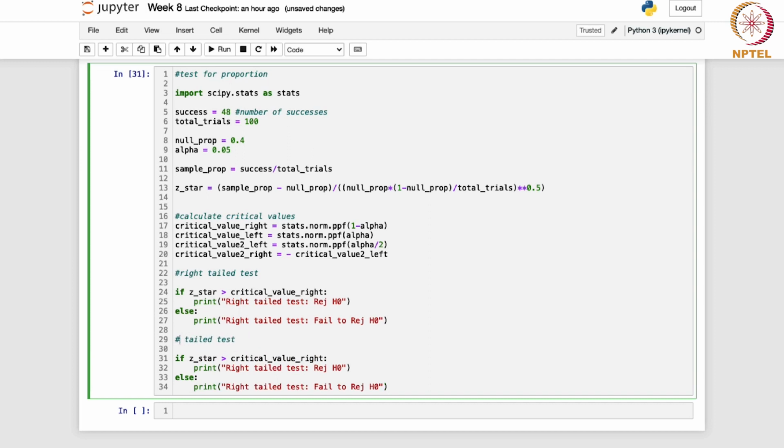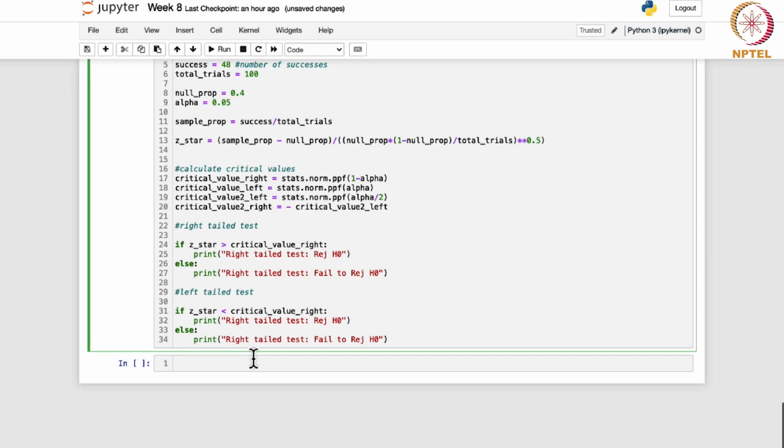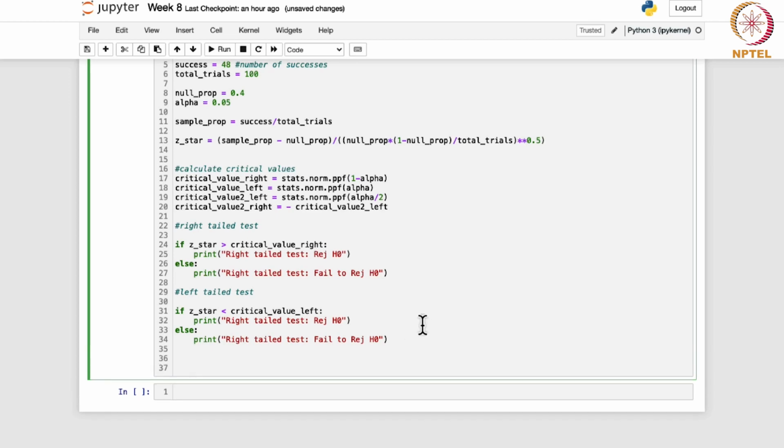So for left tailed we can write, here in the left tail we change this critical region, it becomes z star is less than minus of z alpha, so here it would be the left tailed value. So this is already negative, so you fail to reject the null hypothesis. Again, if it is two tailed, here let me make it left and right.